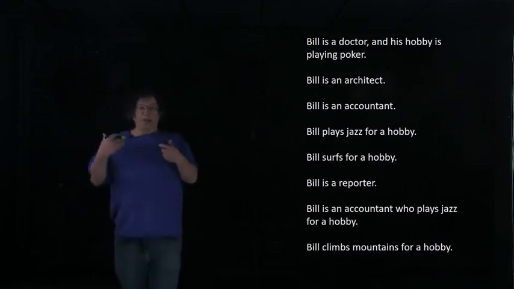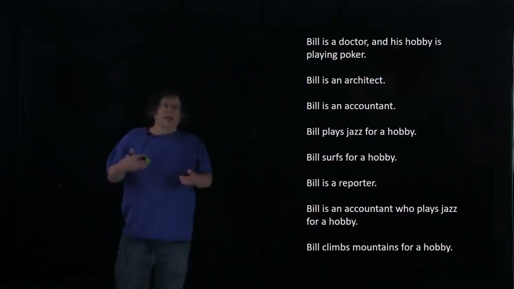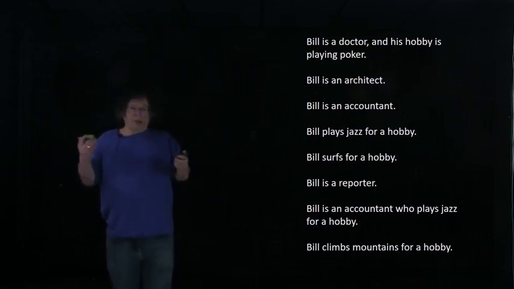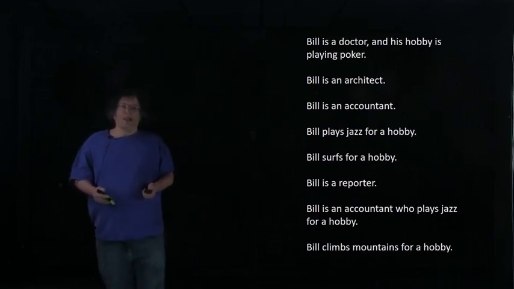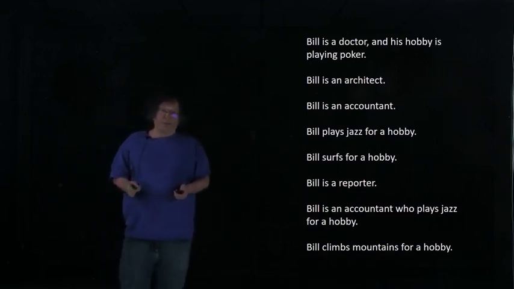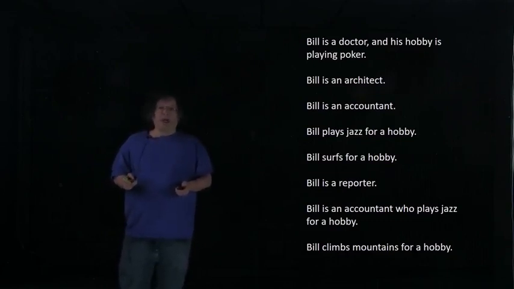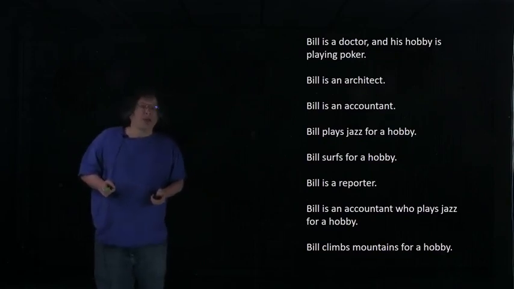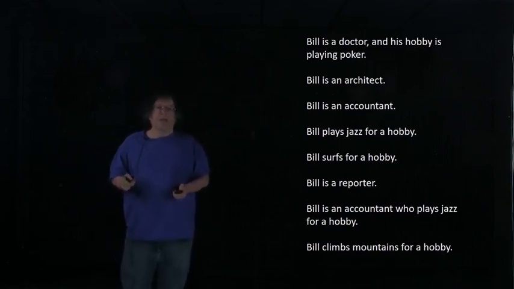Now, when people think about that description of Bill and they look at these statements about Bill, stereotypes being what they are, people often tend to assume that perhaps Bill is an accountant. Fairly reasonable. They don't think that it's especially likely, for example, that Bill plays jazz for a hobby.